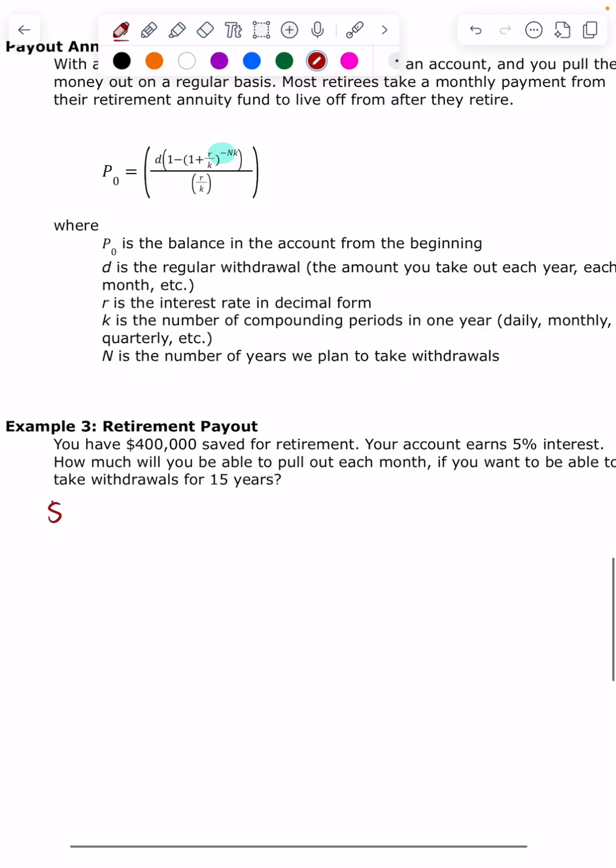I want to be able to see the formula. So 400,000 equals, and then we need to draw a big fraction. On the top, we have D, which we don't know.